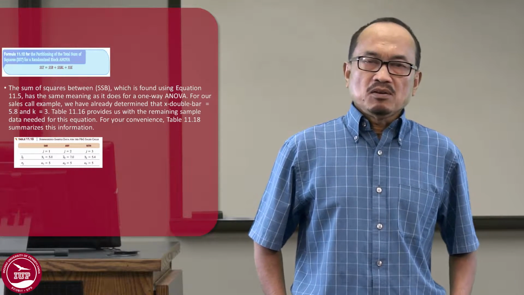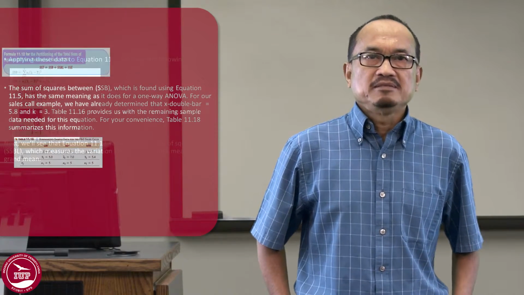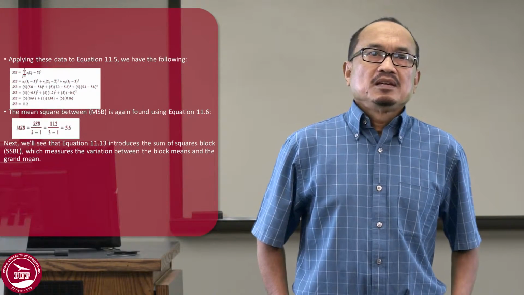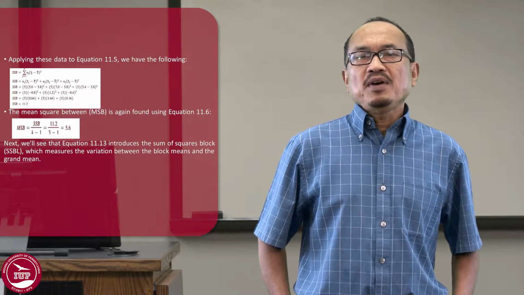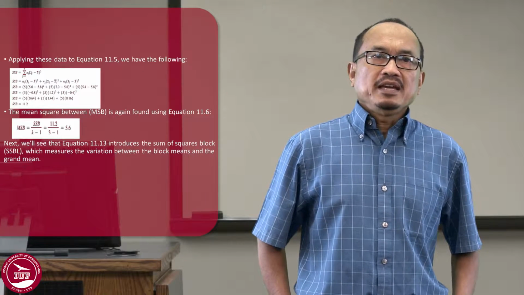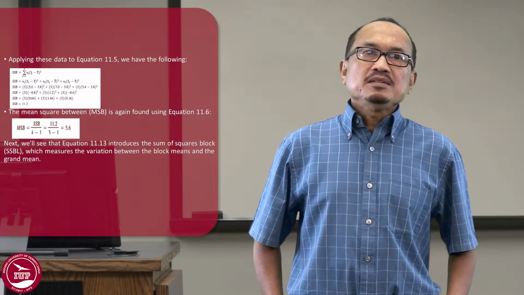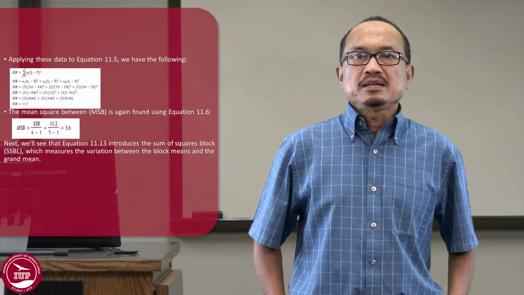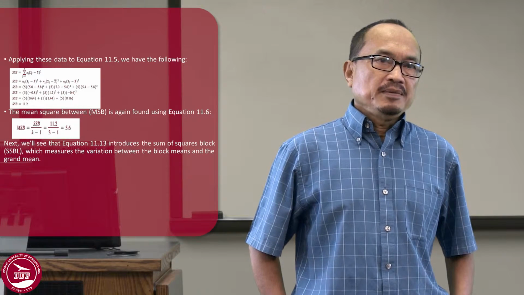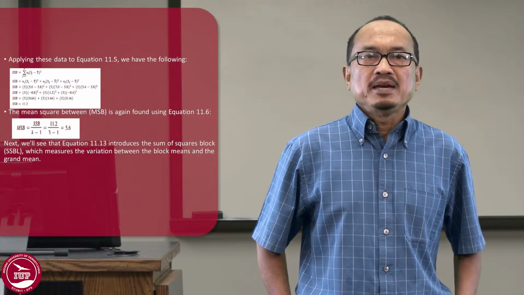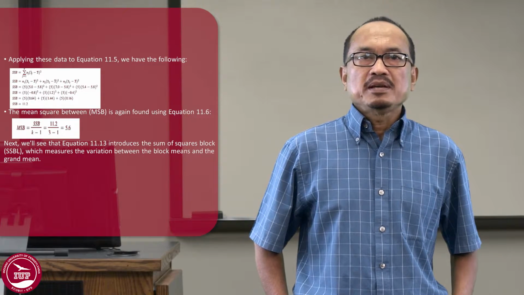For your convenience, Table 11.18 summarizes this information. Applying this data to equation 11.5, we have the following. SSB is equal to 11.2. The mean square between MSB is again found using equation 11.6. MSB is equal to SSB divided by K minus 1 equal to 11.2 divided by 3 minus 1 is equal to 5.6.